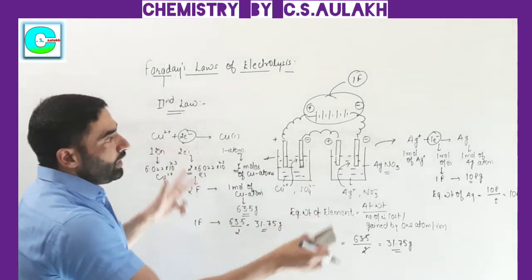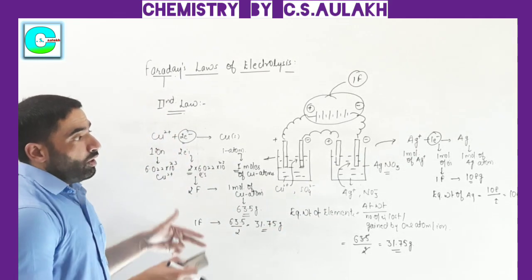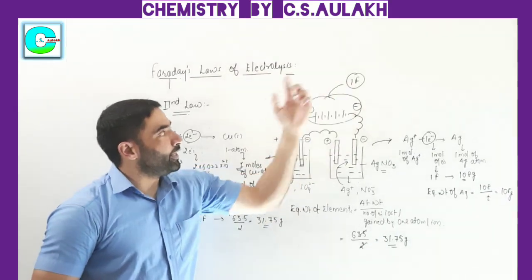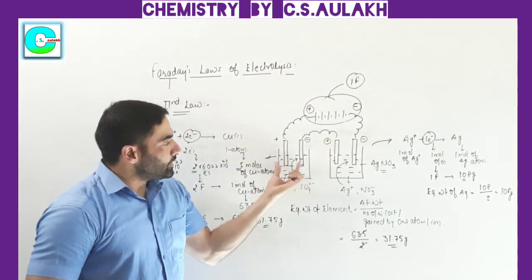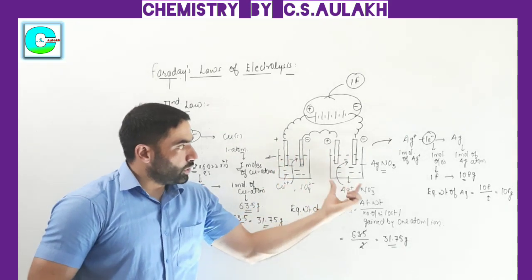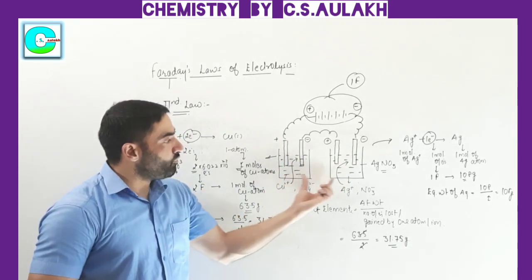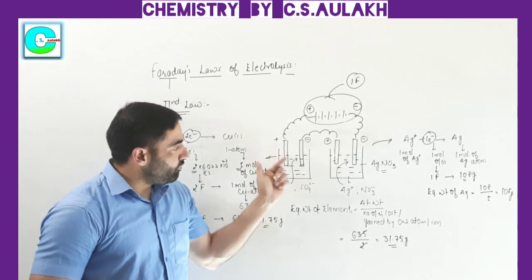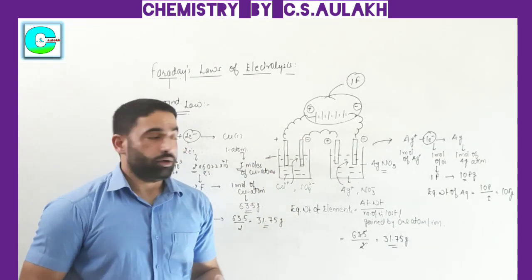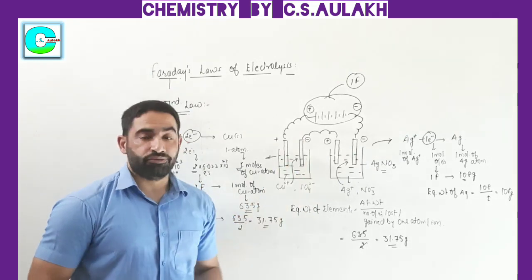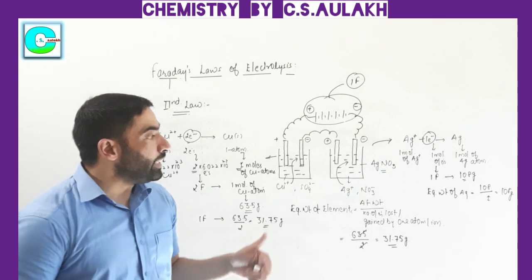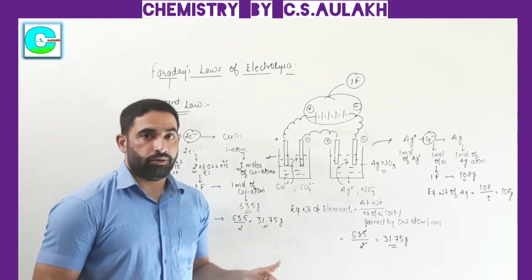So from this we conclude that when the same quantity of electricity, that is 1 faraday, is passing through the solutions of two different electrolytes connected in series, the weight of the substance that will deposit over the surface of the electrode will be equal to the equivalent weight of the element.